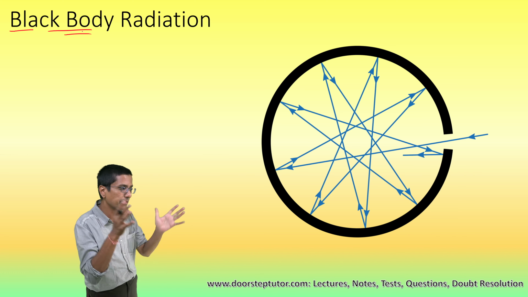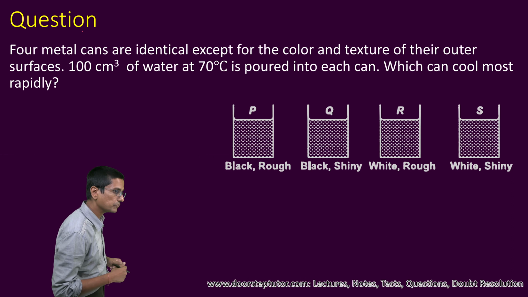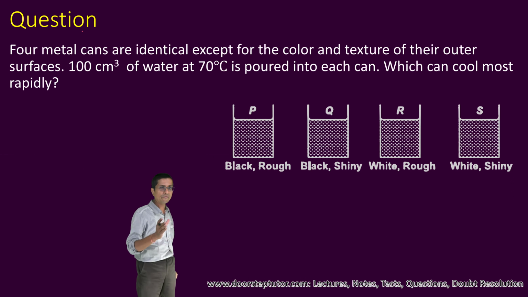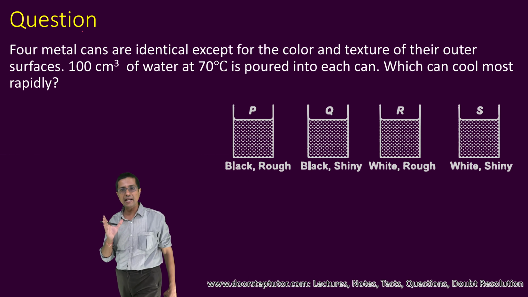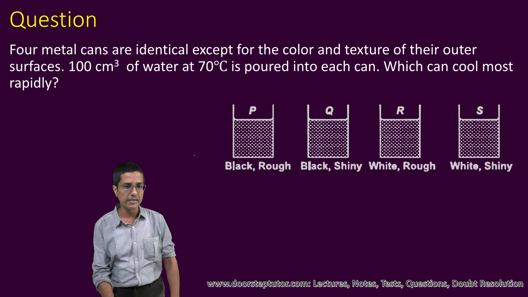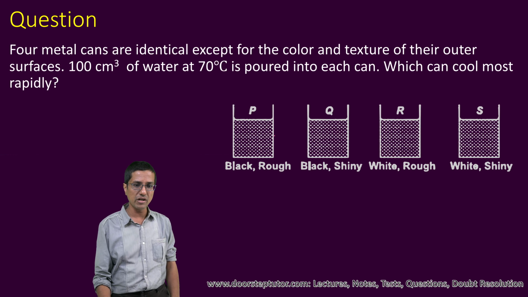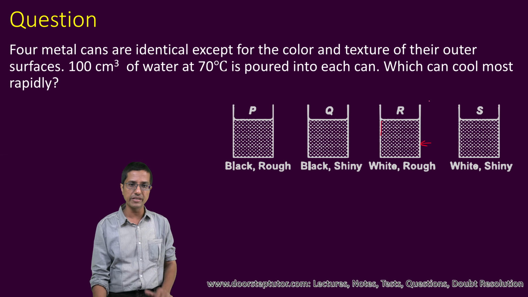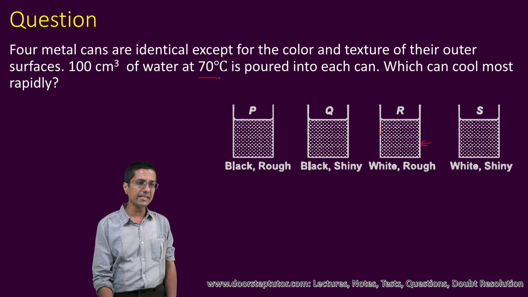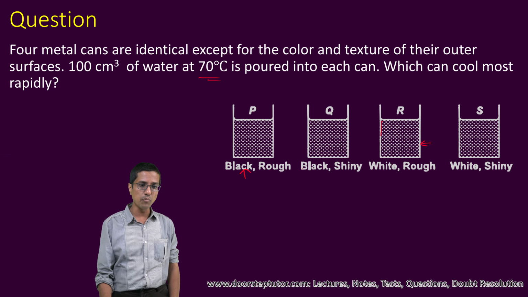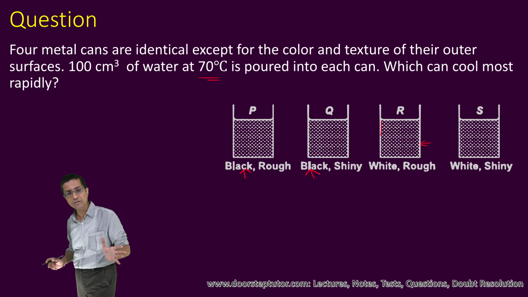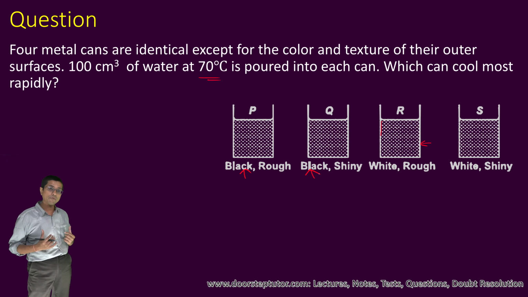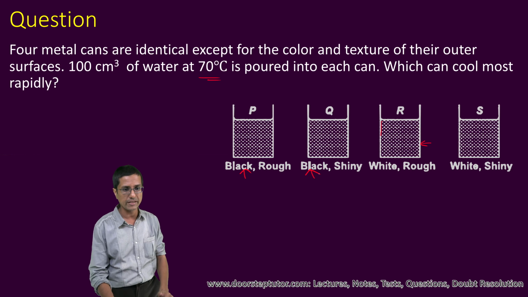Now, with all these concepts understood, let us take an example question. These are four metal cans, identical except for the color and texture of their outer surfaces. Their inner surface, where the water is kept, has no difference. 70 degrees Celsius water is poured in. Which will cool the most rapidly? Both the black colored objects we can simply ignore because they absorb more energy, and therefore they would cool slowly.